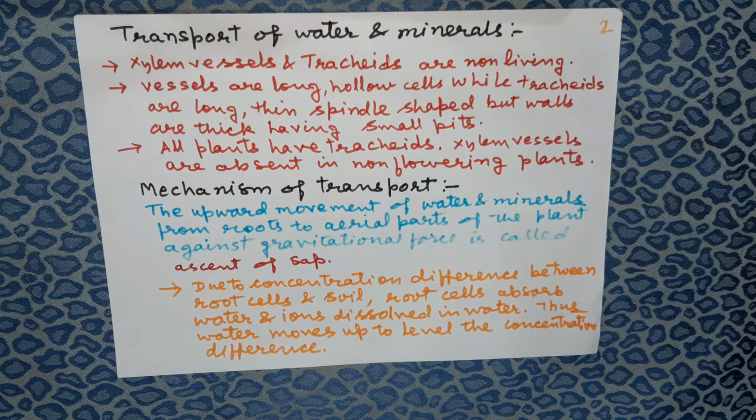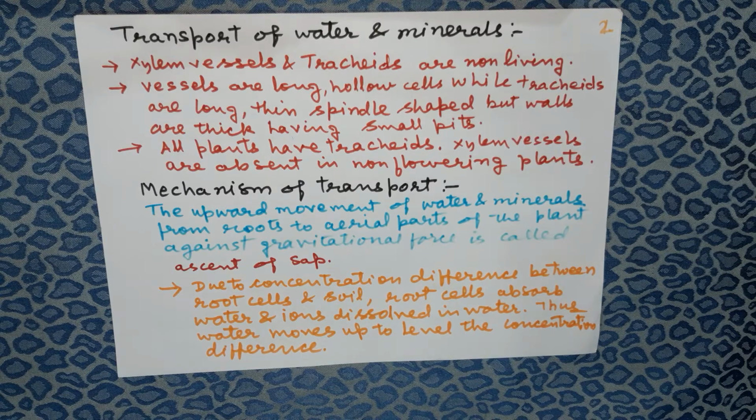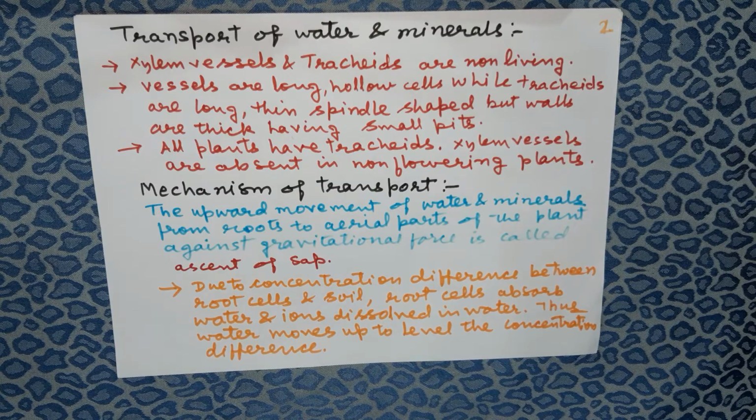So you have the idea that if concentration difference is there, then according to the type of concentration, the water enters. So you have to remember that between the root cells and the soil, there is concentration difference. Because of the concentration difference, root cells will absorb water as well as mineral ions which remain dissolved in water.